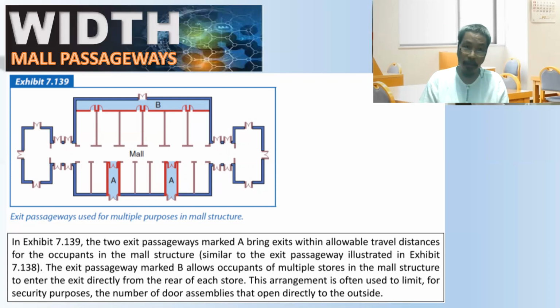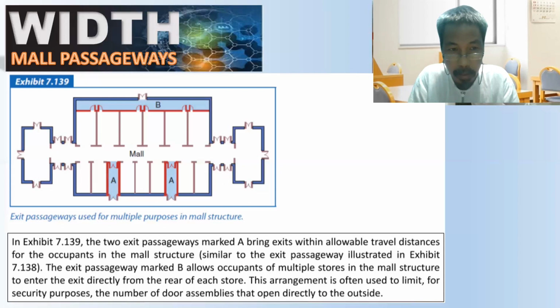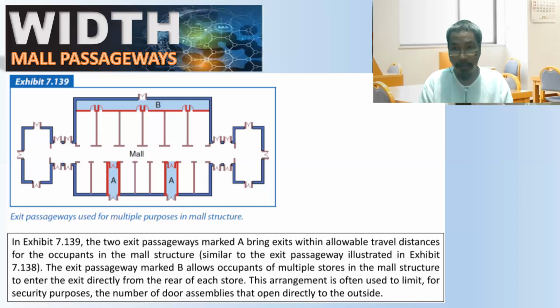However, there are available provisions at the back for passageway B. So they will not aggregate, because they are in certain areas. For example, if you are here, maybe you will use this, but if you are somewhere here, you will use that. So it depends.